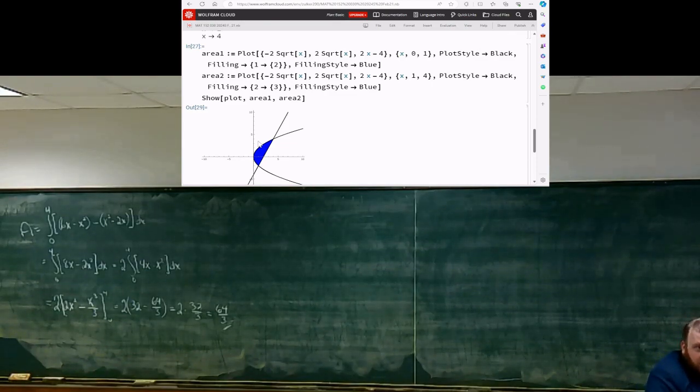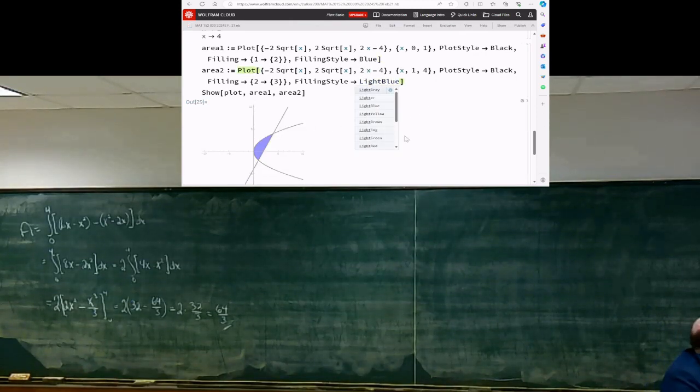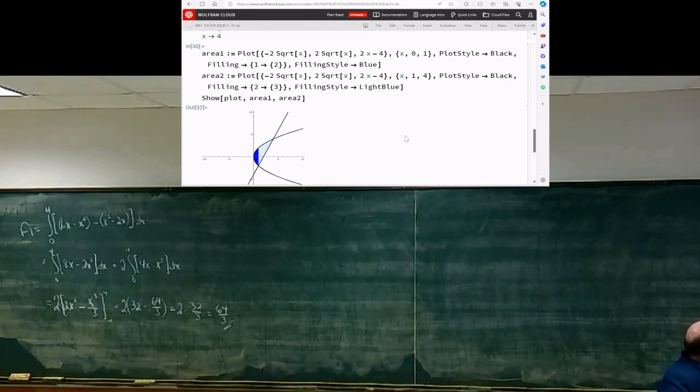There's how we shaded our region. If we go dx, you have 2 regions you have to find the area of. I'm going to change that to light blue. Oh dear. Wow, that didn't really work the way I was hoping. So let me do this. Red and pink.